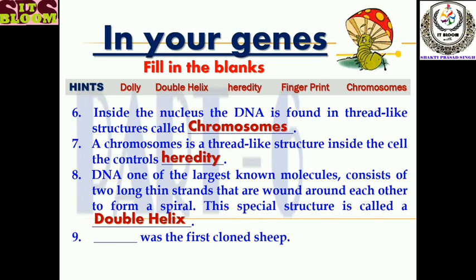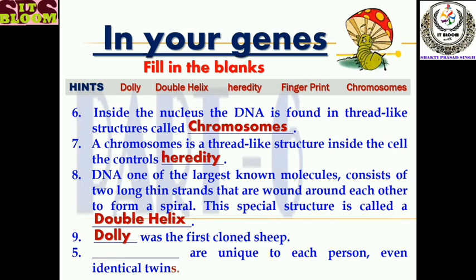Dash was the first cloned sheep. The first cloned sheep was named Dolly. The question number 10. Dash are unique to each person, even identical twins, as I said, and that is fingerprints, right? This is question number 10.